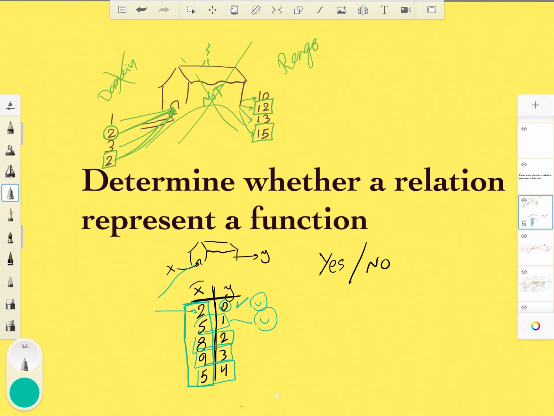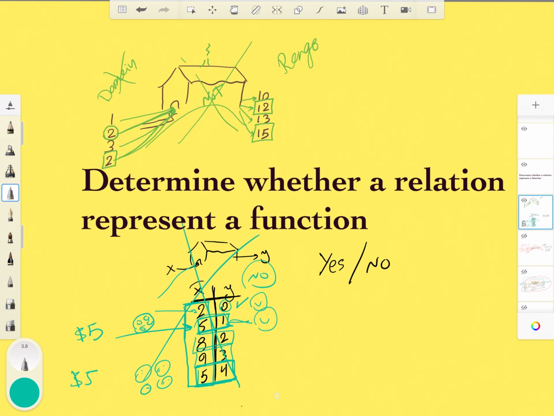So this makes it not a happy smile, because this 5 went inside and got 1. For example, somebody paid $5 and got 1 cookie. Another person paid $5 and got 4 cookies. So definitely we need to shut down this factory. That means this is not a function.